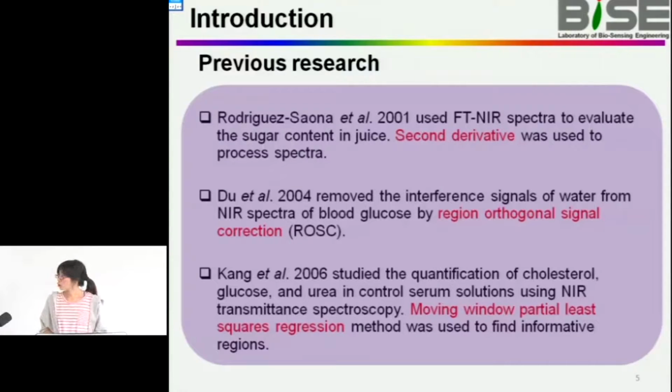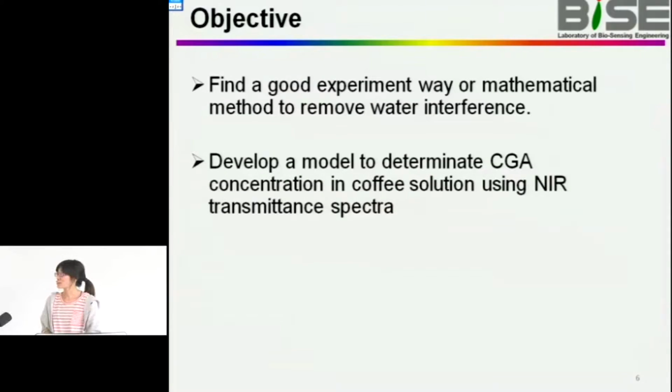And the moving window partial least square regression method was used to find the informative spectra from the NIR spectra of serum solution. So the objective of my research is to find a good experimental or mathematical method to remove the water interference, and also develop a model to determine CGA concentration in coffee solution using NIR transmittance spectrum.